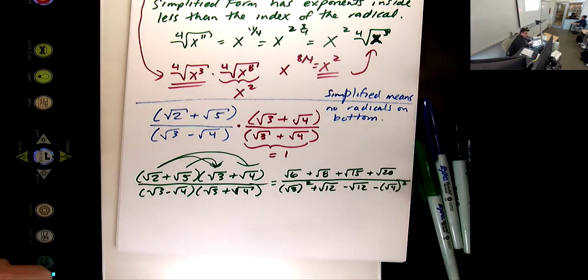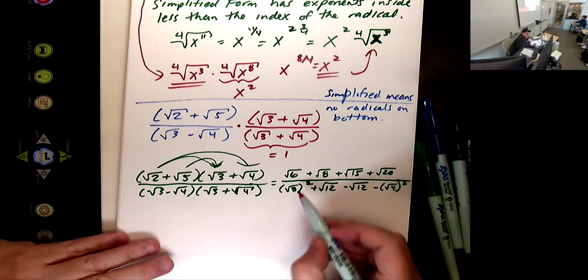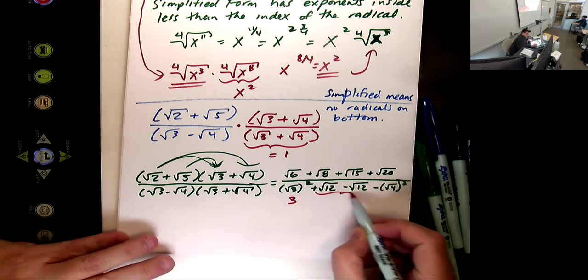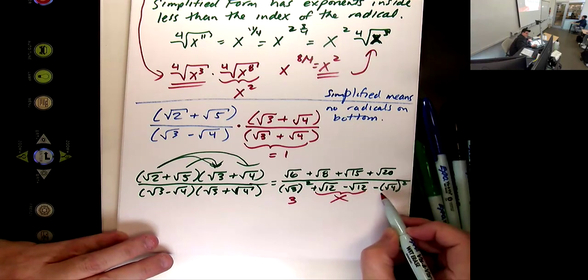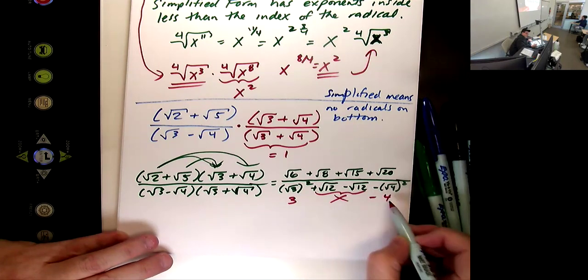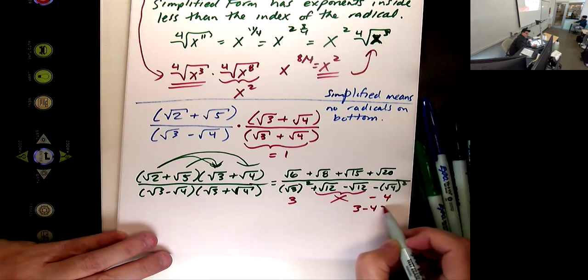Okay, so the bottom, this is 3, those cancel. And this is minus 4. So 3 minus 4 on bottom is -1.